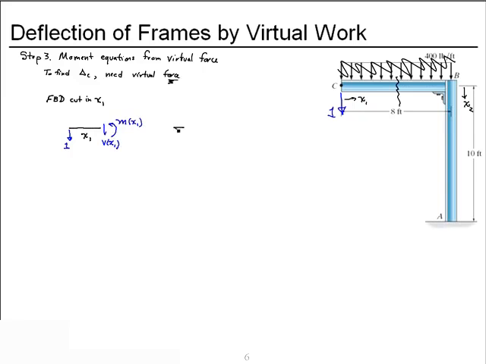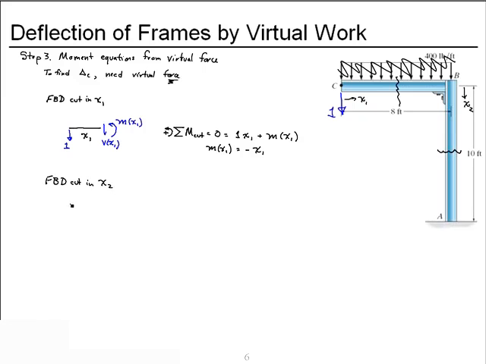Sum moments about the cut. I can choose any direction I want as positive. I will choose counterclockwise as positive because all of the quantities create a positive or counterclockwise rotation about the cut. And then I solve for the virtual moment as a function of x1, and I get a negative x1.